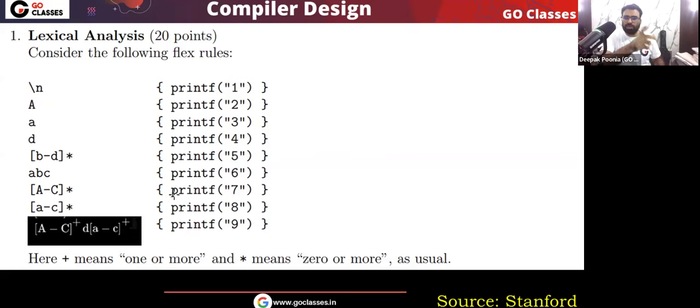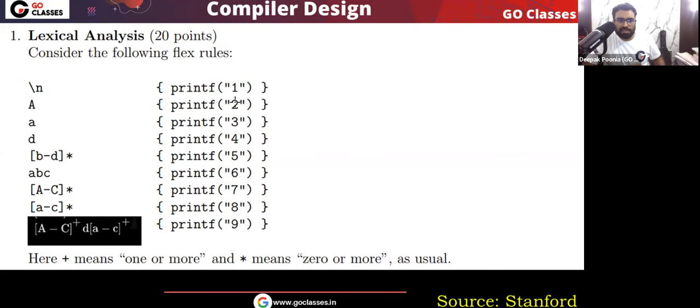I told you in the previous lecture, in the C language, in most languages, for the white spaces, for the new line character. Sorry, this is the new line character, not the null character.